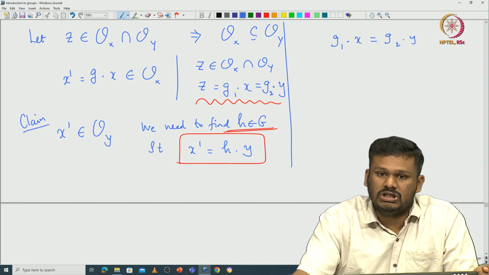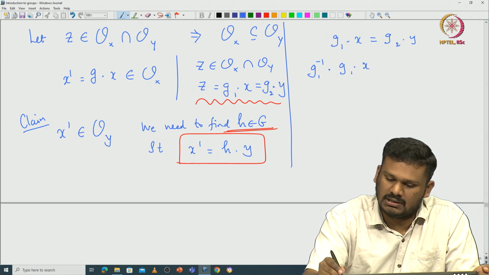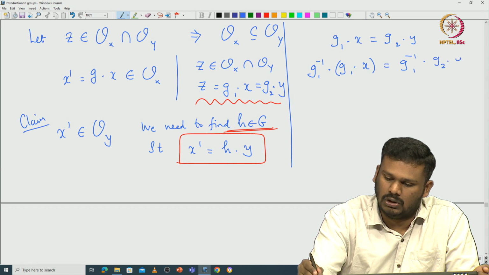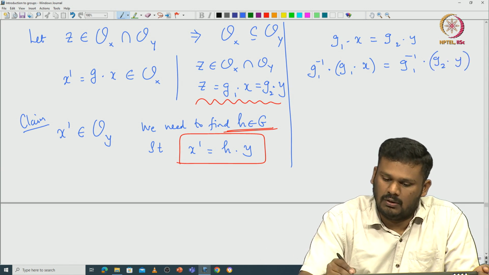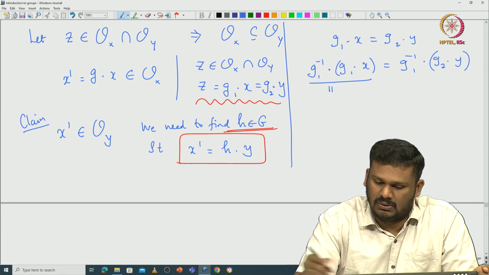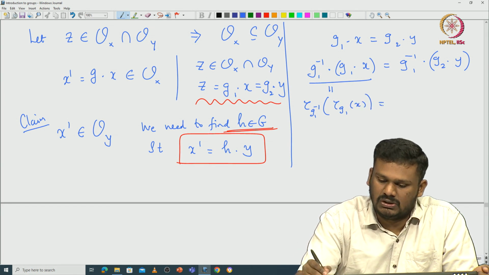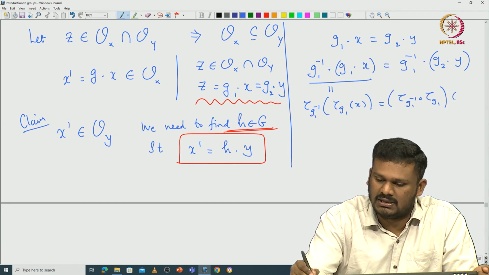Now, by applying g1 inverse on both sides, what do we get? g1 inverse dot g1 dot x is going to be g1 inverse dot g2 dot y. This is applying tau of g1 inverse on tau of g1 applied to x, that is tau g1 inverse composed with tau g1 of x.